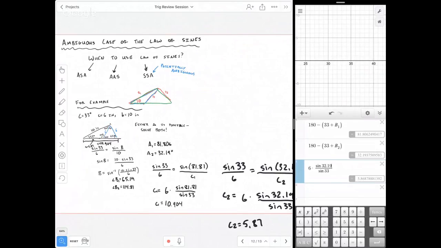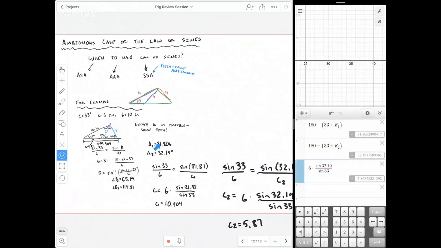Tracy's mentioning that sometimes it's not clear that there are two solutions, and you have to figure out whether it's possible for the triangle to have two solutions. So the way we would do that, Tracy, is we would say, okay, for this angle theta, once we get 81 and 32, we would check.